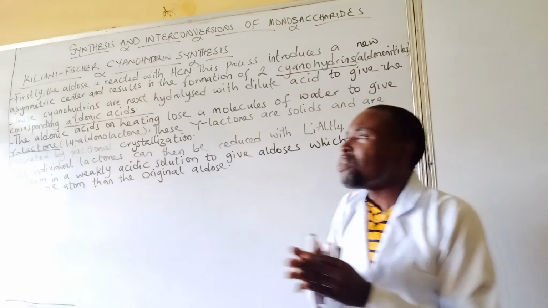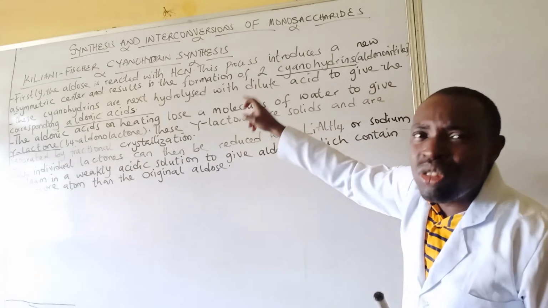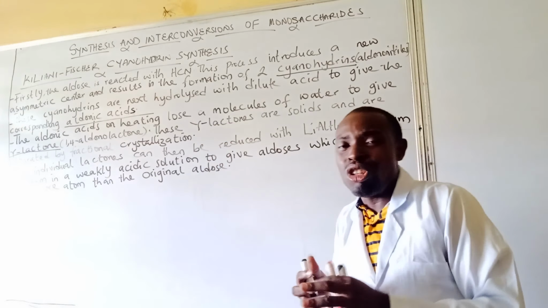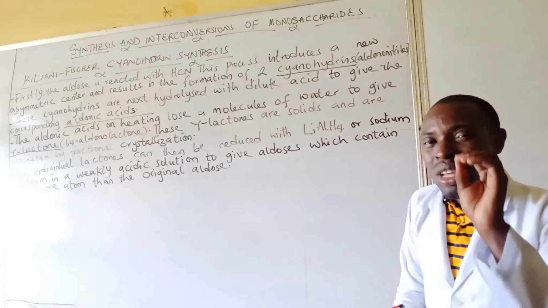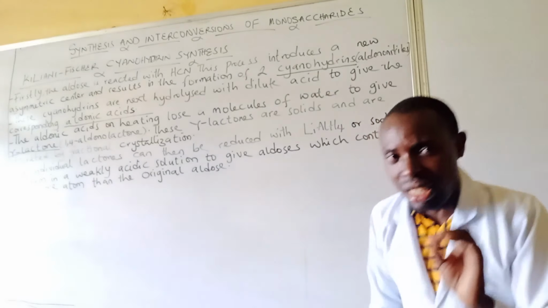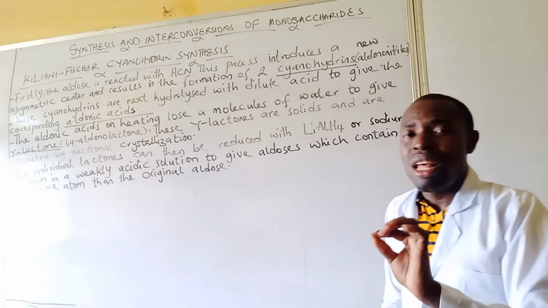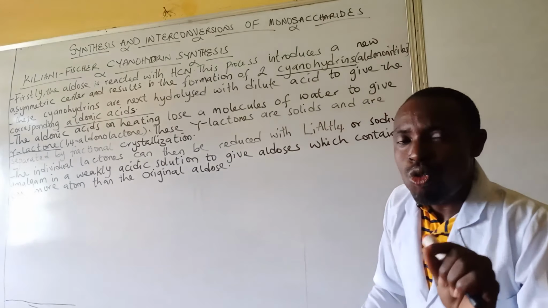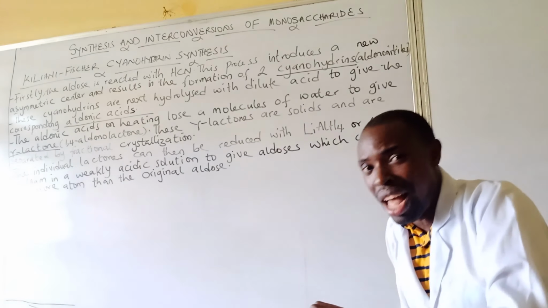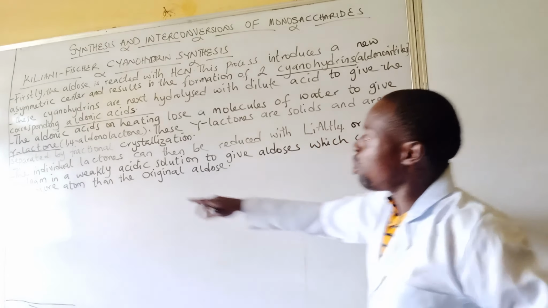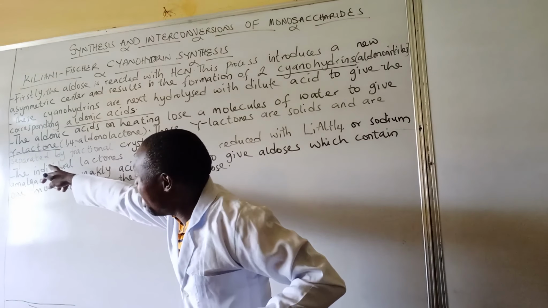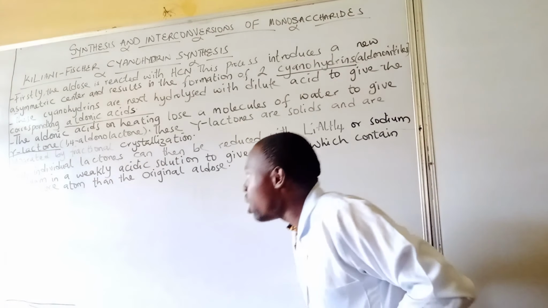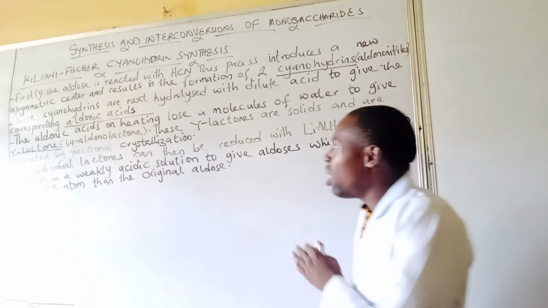Step two is that the cyanohydrins formed from the first step will then be hydrolyzed in the presence of a dilute acid to give an aldonic acid. Please don't forget these steps. Step three is that the aldonic acid, on heating, will lose a molecule of water to give what we call a gamma lactone, which we can also call the 1,4-aldonolactone.